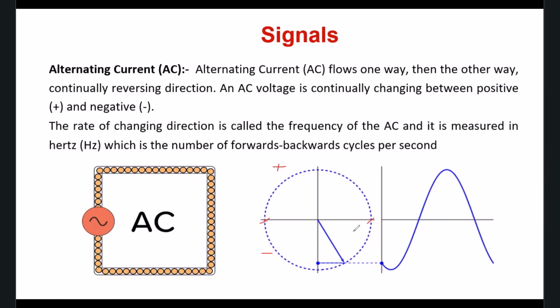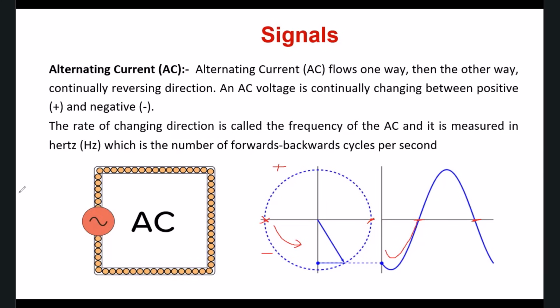When we start the flow of the current from this point to this point, the current flows like this. And then suddenly, when the signal changes direction, at the lower side, we get the signal like this, which flows in the opposite direction. So this is the way how a current is flowing in the circuit.